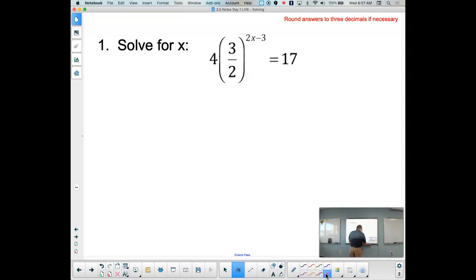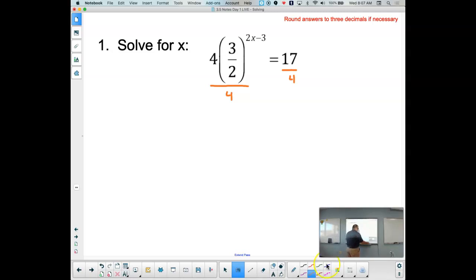So what I need to do is take this exponential term and get it by itself. I need to isolate it, with nothing else there. How I'm going to go about doing that is I am going to divide both sides by 4.